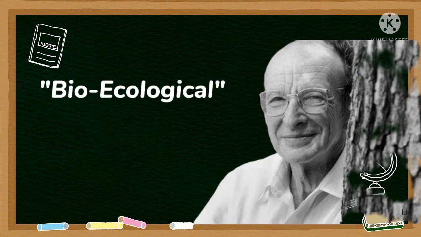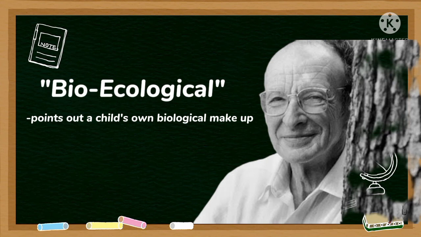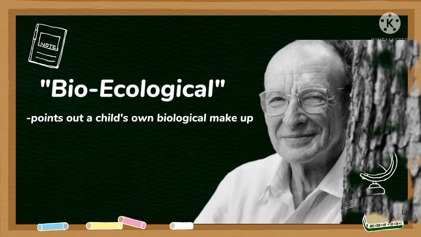The term bioecological points out that a child's own biological makeup impacts his or her development. The child's growing and developing body and the interplay between his or her immediate family or community environment and the societal landscape fuel and steer his or her development.